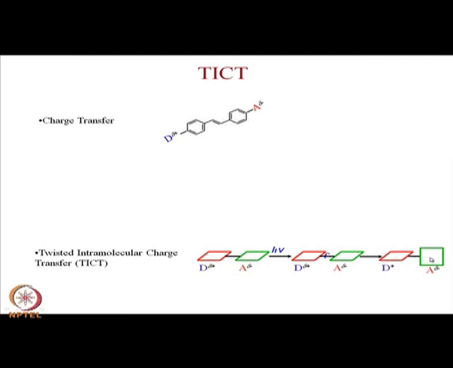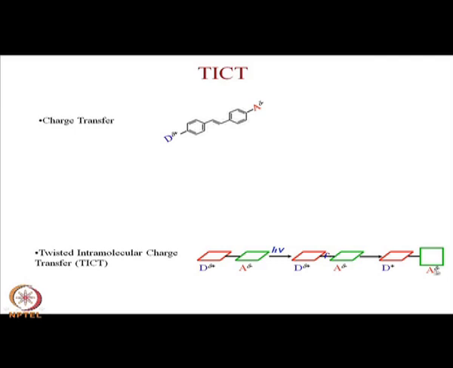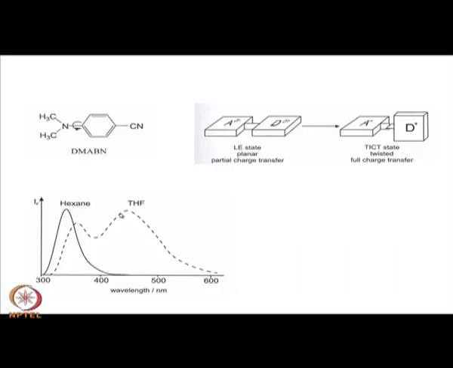So, this part and that part are perpendicular to each other, and this species will be D plus, A minus. This species will now emit at a different region of the spectrum, as you have seen here that in tetrahydrofuran you can see a red shifted emission around 440 to 450 nanometer.